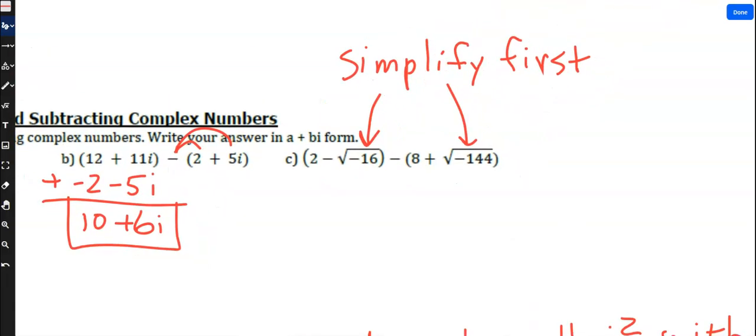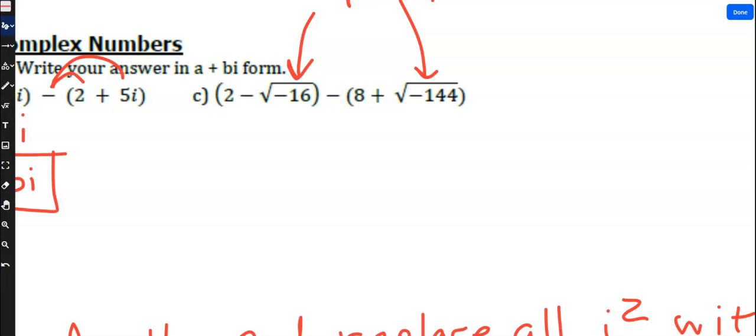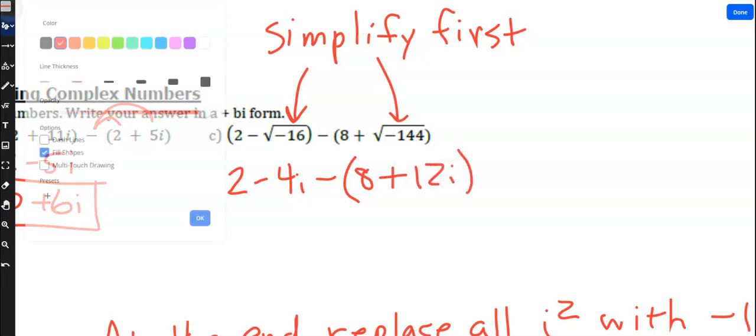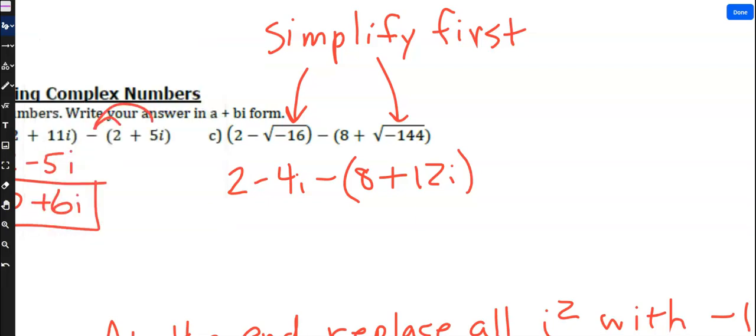When you see radicals with negatives or that are not simplified, we need to simplify them first before we do anything else, okay? So 2 minus 4i minus 8 plus 12i. Well, now we can do what we did on the last example.